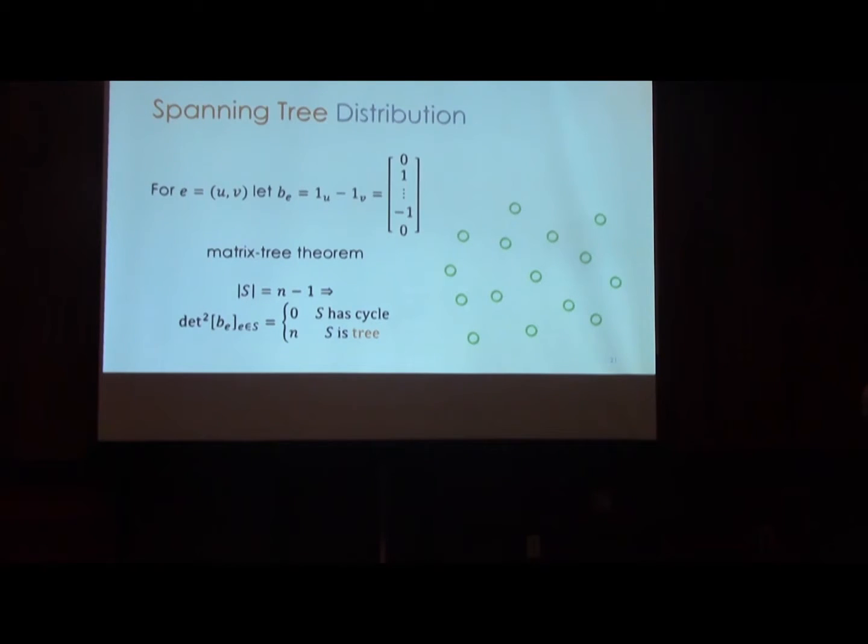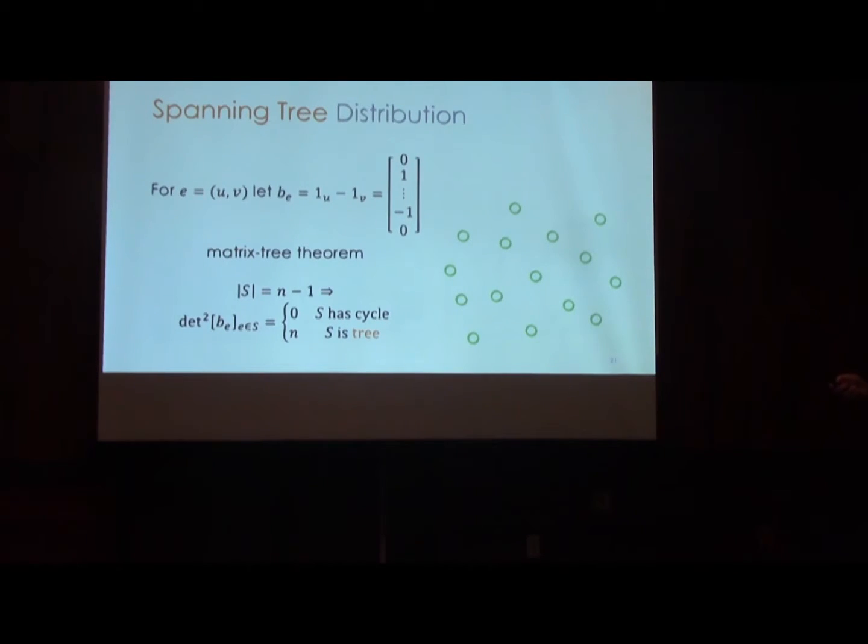Before you actually ask your questions, I'm cheating a little bit here, because these vectors are always singular. They are always orthogonal to the all ones vector, right? So their determinant can never be anything but 0, right? There are a multitude of ways to fix this problem. You can think of these vectors as living in the space orthogonal to the all ones vector.